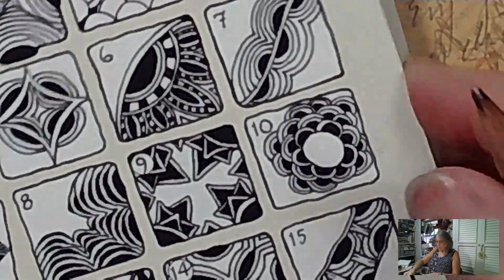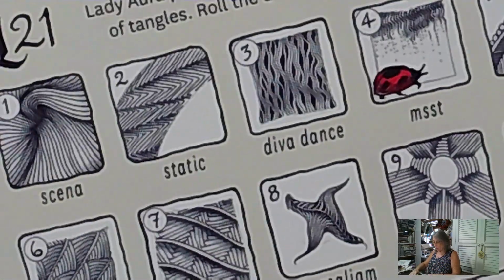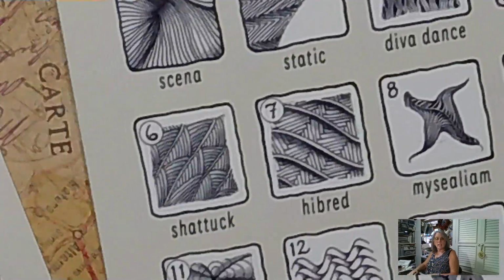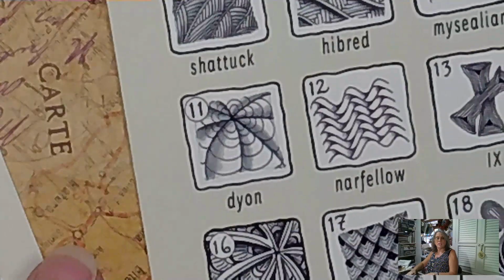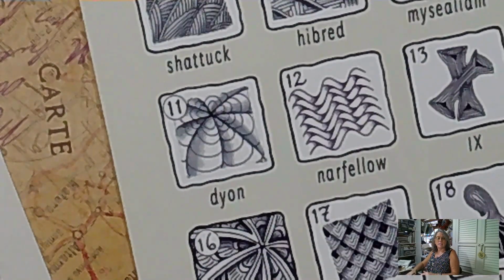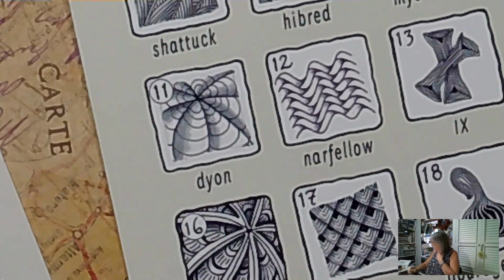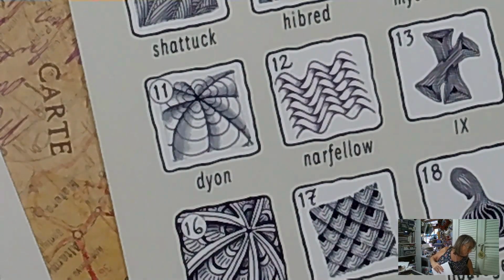The next tangle that we're going to use for our play today is from Lady Aura cards L21, and the roll was number 11, and number 11 is Dion. So we had some discussion about Dion, and Dion being very similar to Droop.